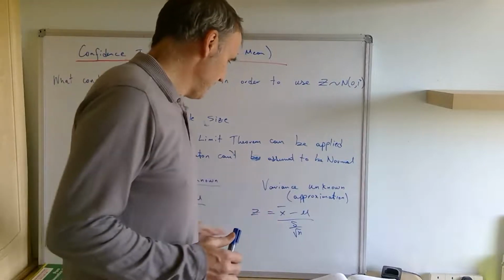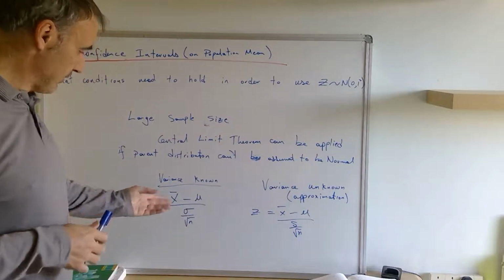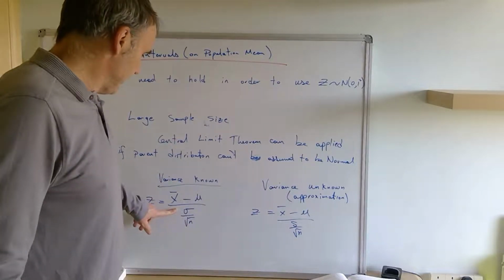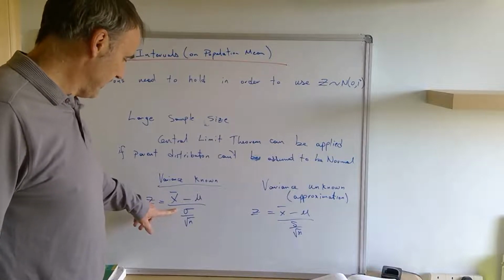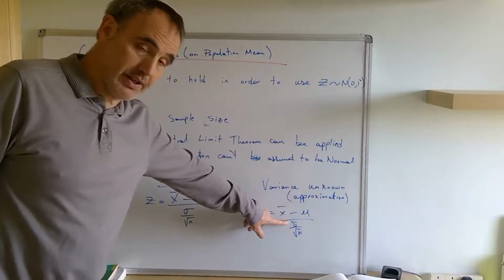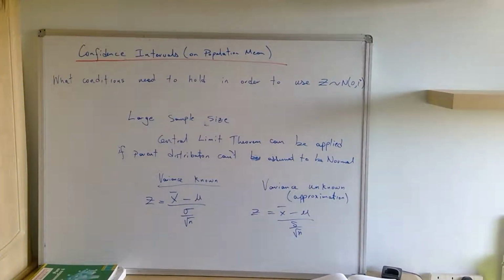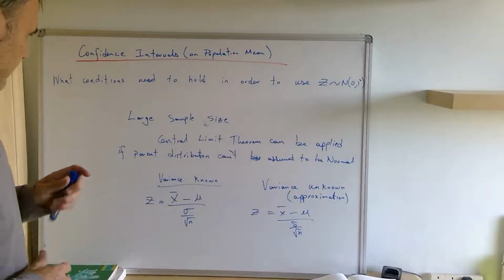It's just which formula to use, depending on whether the variance is known or unknown. We probably know the standard deviation, so we would use that. But if we don't know the standard deviation, we use S as an estimator for it and use that formula instead. Okay, so that's large sample size.